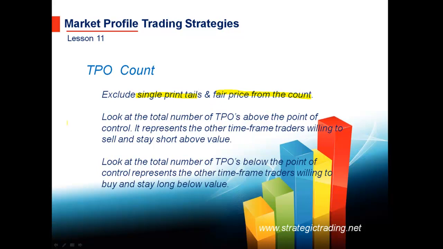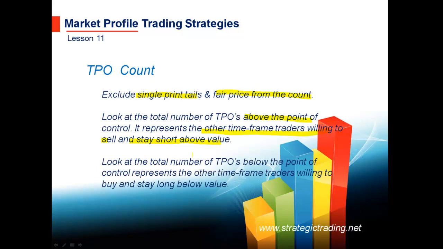So we look at above the point of control, and basically the TPO count above the point of control tells us the other time frame traders' willingness to sell and stay short above value. How willing are they to sell and stay short above value? So as this number increases, the other time frame trader is committed to the selling.